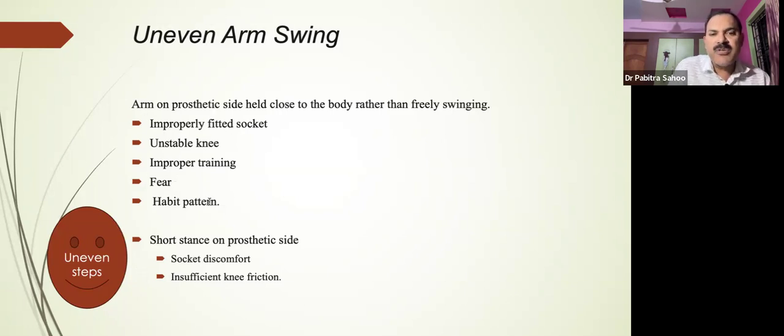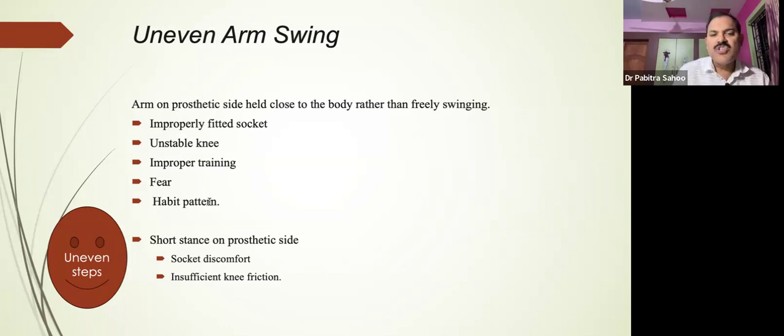The patient will be very cautious about the prosthetic gait. Will the knee buckle, or is there an instability at the hip joint? So they try to walk with a very cautious gait with the arm close to the prosthesis. That is the uneven arm swing, whereas on the healthy side you will have a normal arm swing. So you will find an uneven arm swing in all initial, newly fitted prosthetic users.